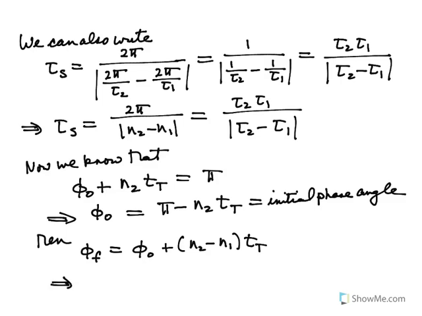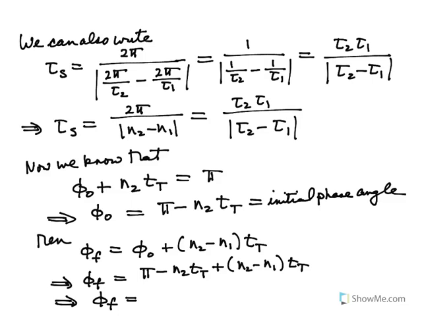Substituting phi 0, phi f is pi minus n sub 2 times t sub t plus n sub 2 minus n sub 1 times t sub t, which implies that phi f is equal to pi minus n sub 1 times t sub t, and this is the final phase angle.